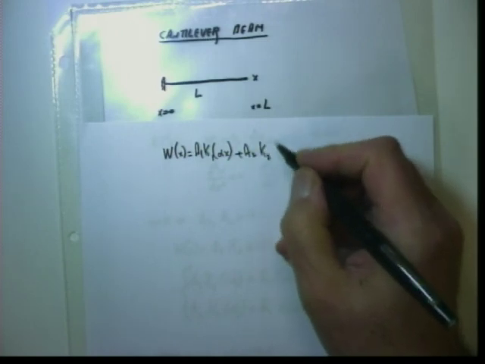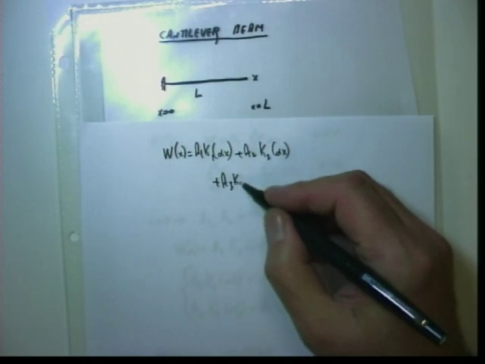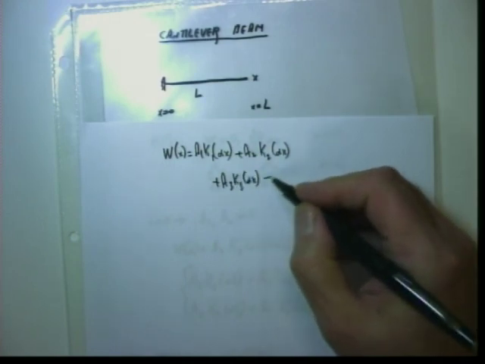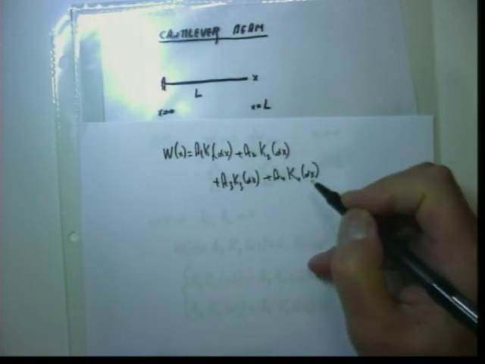So we have, if you remember, expressions: capital W of x equals A1 K1 alpha x plus A2 K2 alpha x plus A3 K3 alpha x plus A4 K4 alpha x.